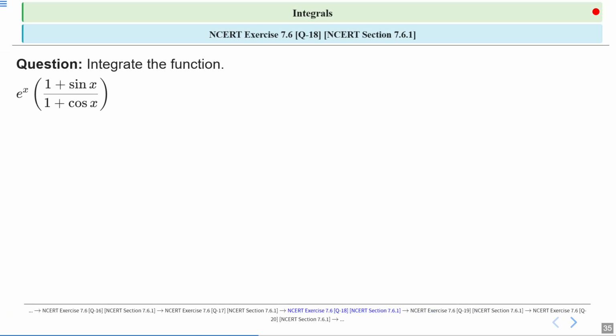Now, the next question is: integrate the function e^x into (1 plus sin x) by (1 plus cos x). So can we convert it into a special case, or should we apply the by parts method? Just think and try to solve.